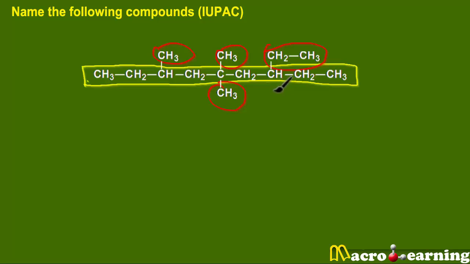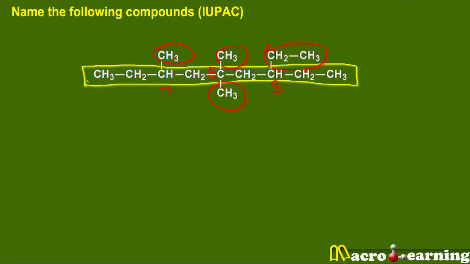So we'll start numbering from this end and give this carbon a number 3, 4, 5 for these 2 methyl groups, 6, 7 for this final methyl group. If we started numbering from the other end, then the alphabetically highest priority group, the ethyl group, would be on carbon number 7, and that's against the rule.